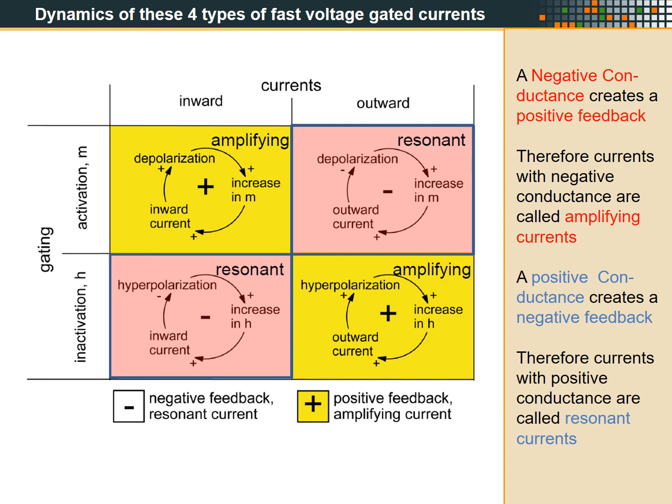So that means, dependent on the direction of the current that we choose, even if we restrict our system to either M or H, we can model both, dependent on whether we are in the inward or outward current situation. So that means, from the last slide, we can still argue that we want either M or H, and based on the exact parameters of the system, we can make the system either amplifying or resonating for both cases.